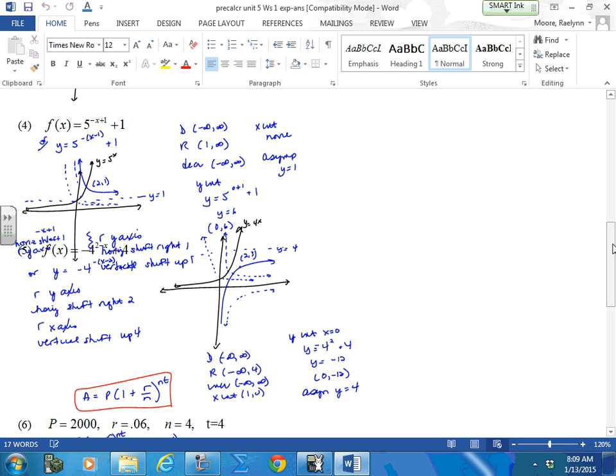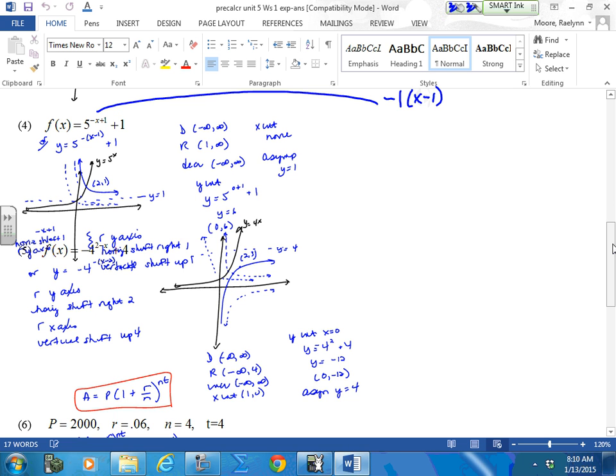there's two ways you can actually do this. You can do this one with the negative x plus 1, or if you wanted to, you could factor out the negative and put it in front. You could do it either way. Either way, you'll get the same result. If you did it with the negative x, remember the negative x plus 1, you're going to reflect because it's next to the x.